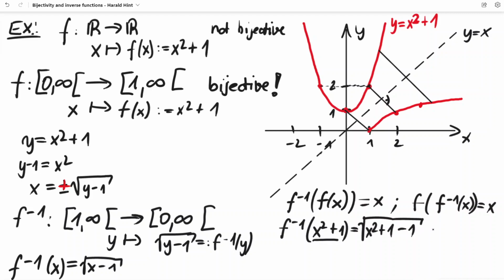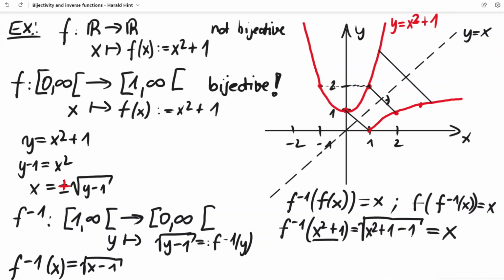And now you see, it's really fulfilled because the 1 cancels out and root of x squared is x. I just want to mention that actually the root of x squared is the absolute value of x. But in this case, x is defined on positive values, on the positive range, so we don't need the absolute value. So that's fine.